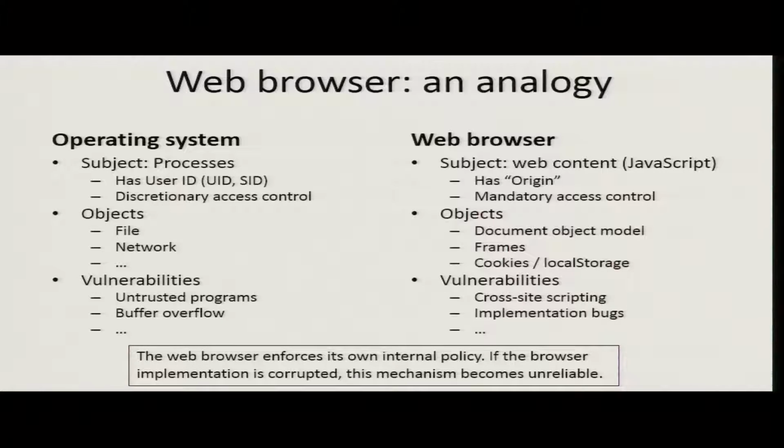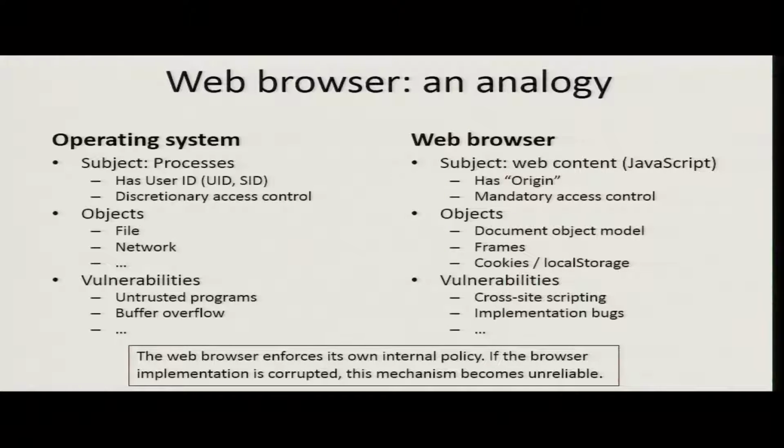However, in case of web browser, the subject is web content, for example JavaScript. So, the way web content is separated from each other is by a notion of origin. We will talk a little more about what origins are. Mostly it is an indicator of the provenance, where it came from, and a browser normally enforces a mandatory access control.